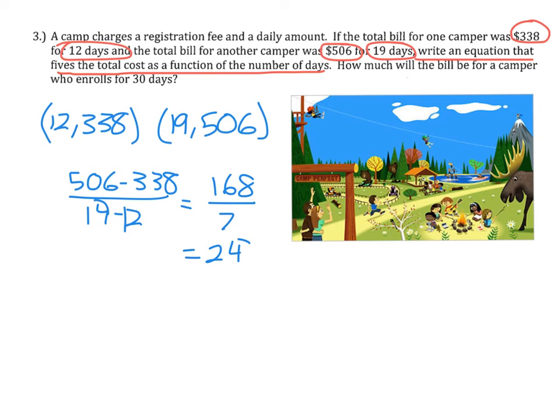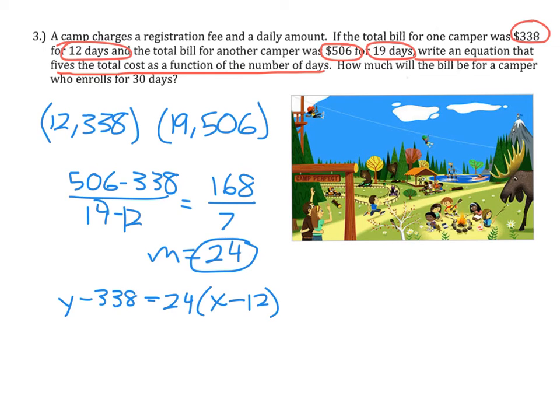So $24 per day is my rate of change, right? That's our m. So now I can pick either of these 2 points that we started with, and we can write the equation. I'm just going to use the smaller numbers. No reason. So I have y minus 338 equals 24 times x minus 12.